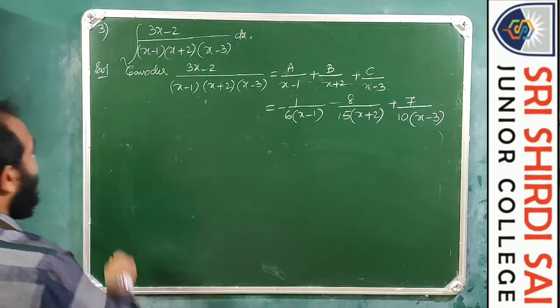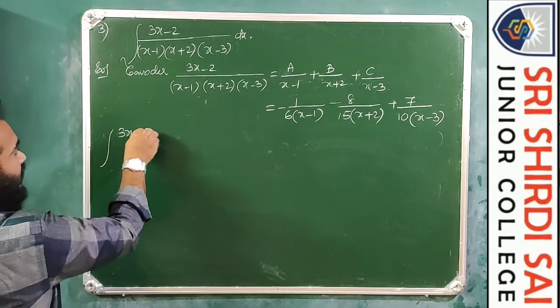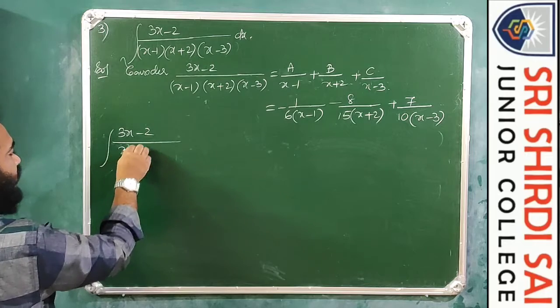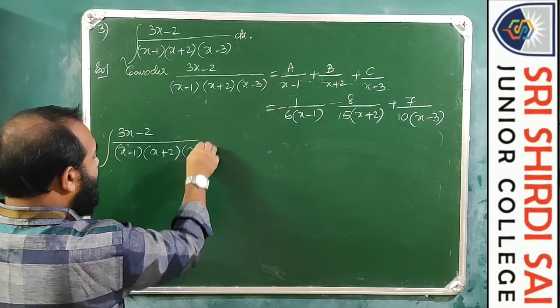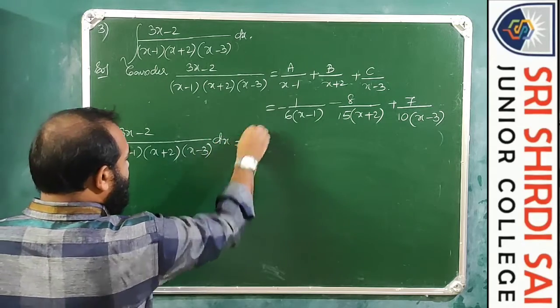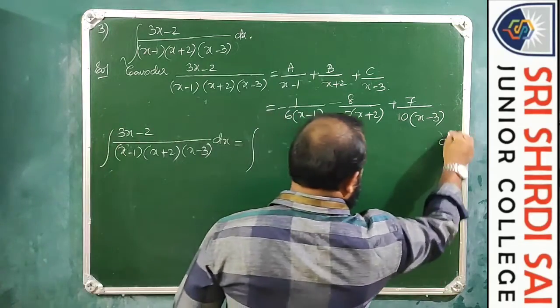Now let us integrate. Integral of 3x minus 2 by (x minus 1)(x plus 2)(x minus 3) dx.